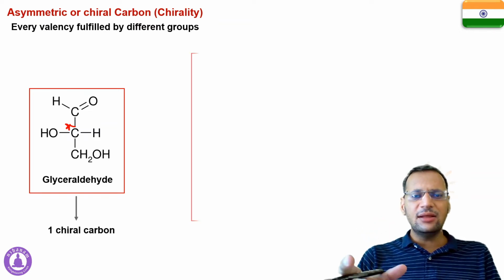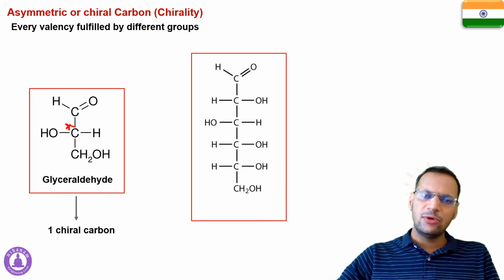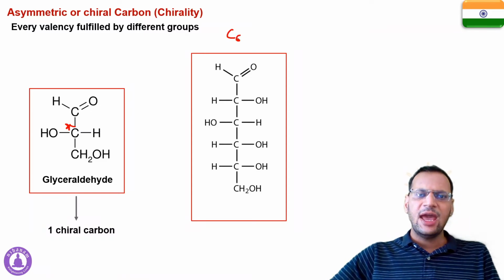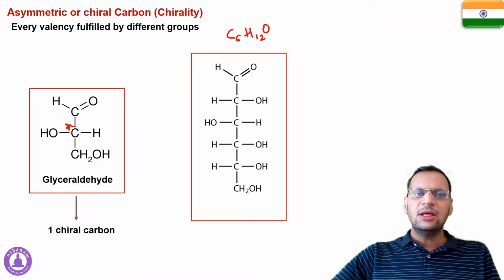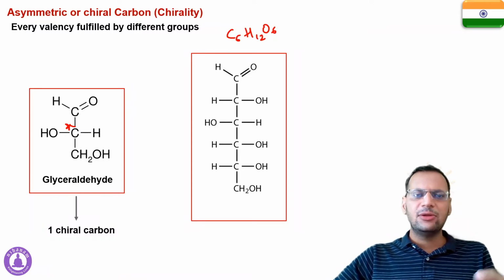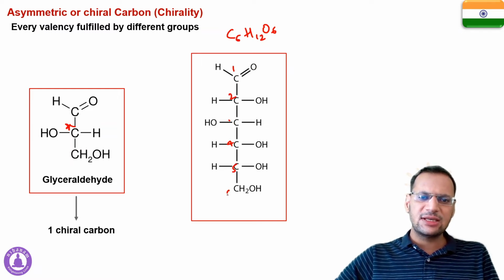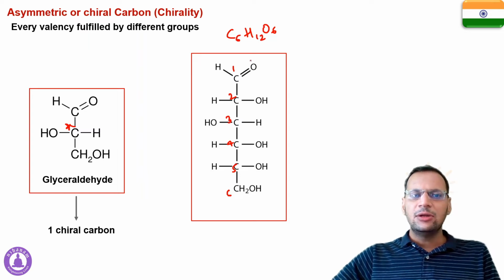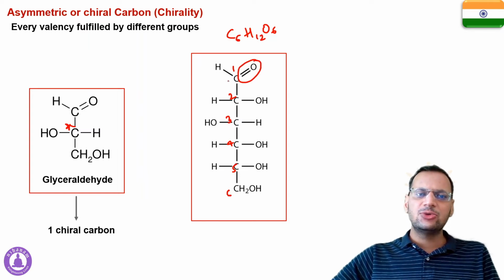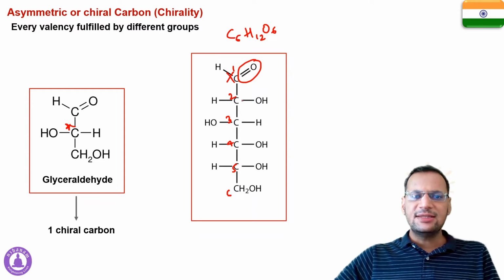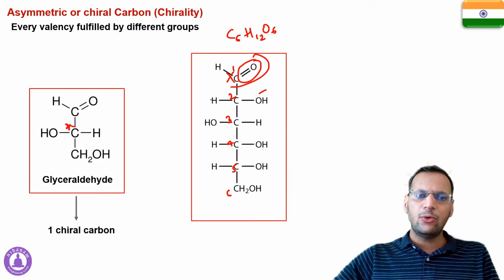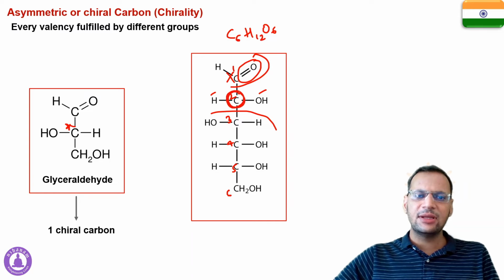Again, another example, this is the structure of glucose, that is C6H12O6. Now let's see how many chiral carbons glucose has. First, second, third, fourth, fifth, sixth. There are total 6 carbons. First carbon, 2 valences fulfilled by oxygen, so this is not a chiral carbon. Second one, aldehyde group, OH, H and a different group, that means the second one is a chiral carbon.